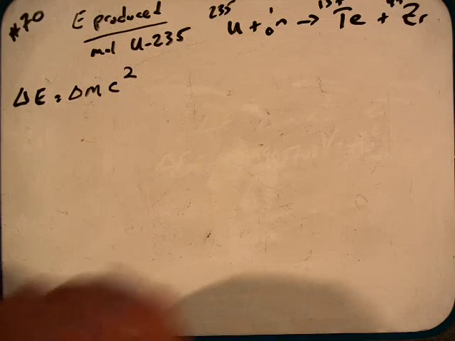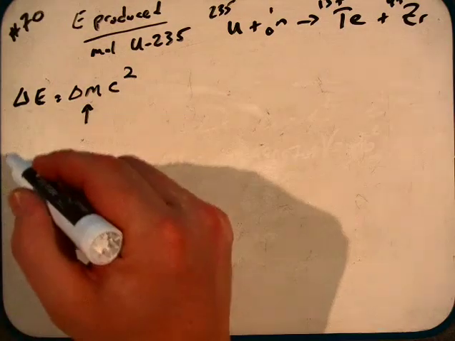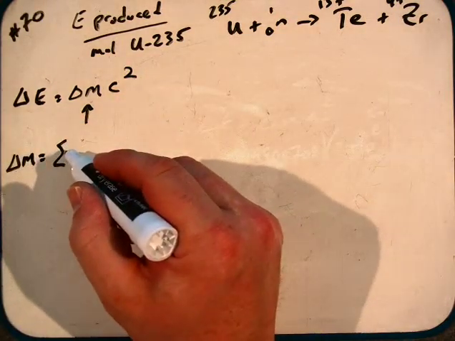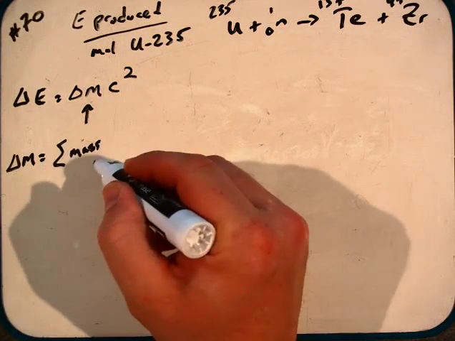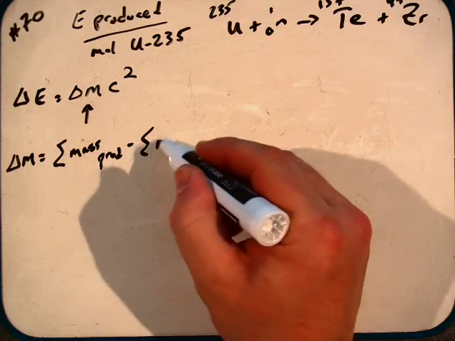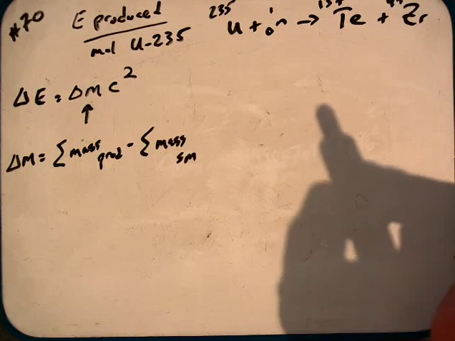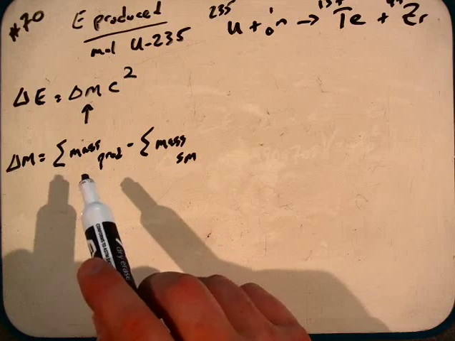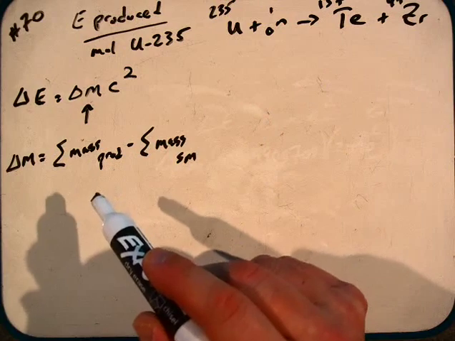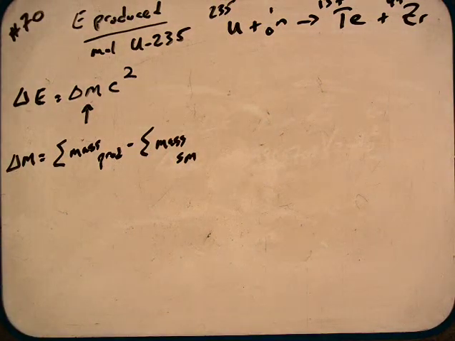And so we need to first figure out our delta M, and that delta M is simply going to be the sum of the masses of our products minus the sum of the masses of our starting materials. And so what we need to do is figure out, okay, what are our starting materials, what are our products, and then we have to use their masses, which are actually given in the table.